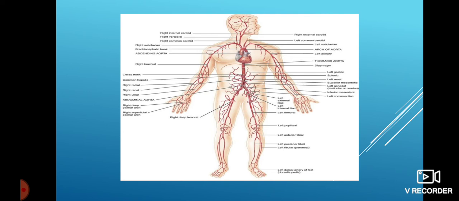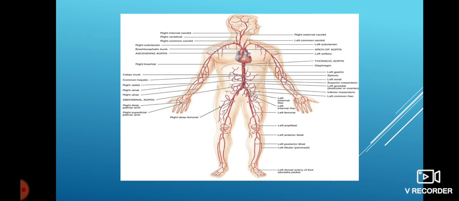Celiac trunk supplies the structures derived from the foregut. Foregut structures start from the mouth to the middle of the second part of the duodenum. The abdominal aorta has to supply the structures derived from the foregut present below the diaphragm. So it has to supply the stomach, then the duodenum, the first part and up to the middle of the second part.